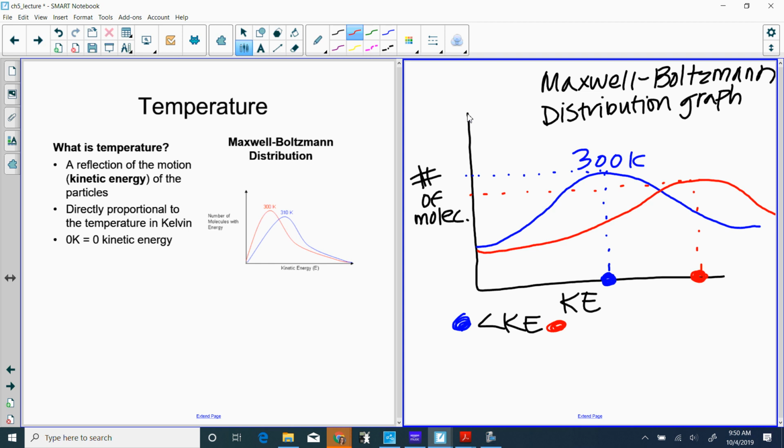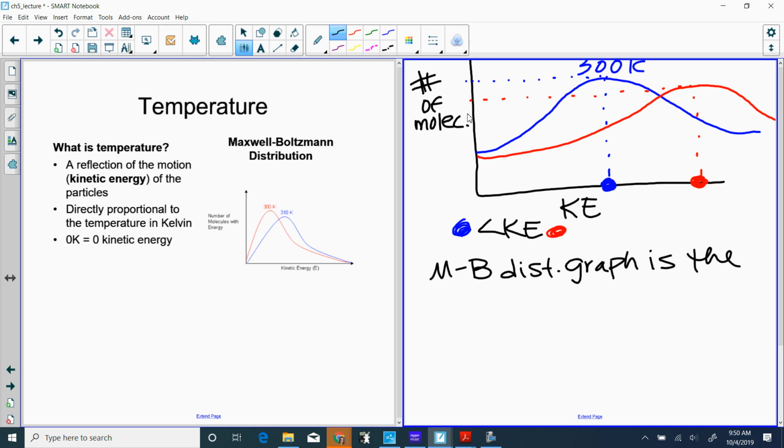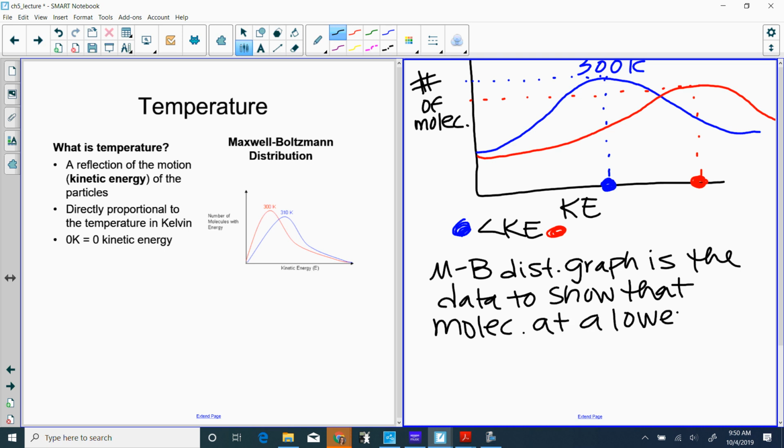We're going to write some words. The Maxwell-Boltzmann distribution graph is the data to show that molecules at a lower temperature have less kinetic energy than those at a higher temperature.